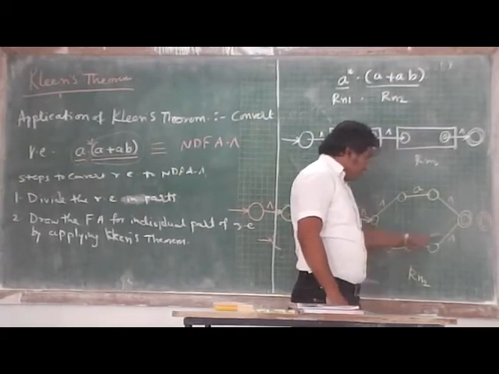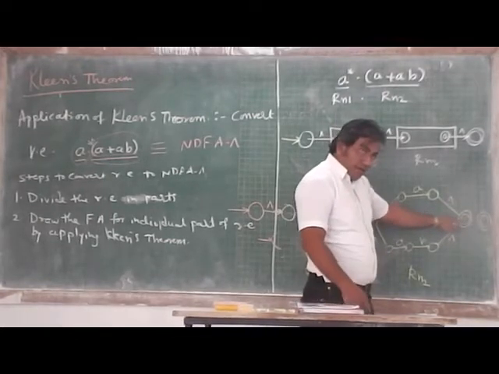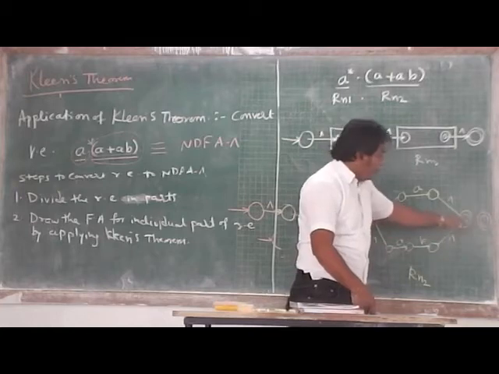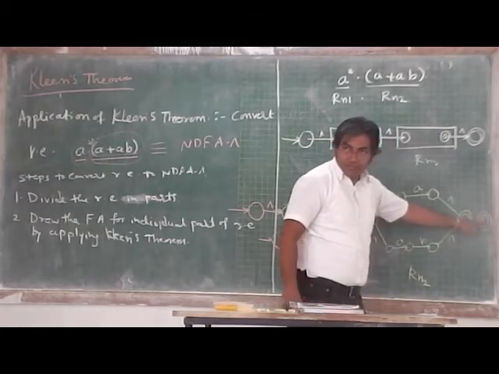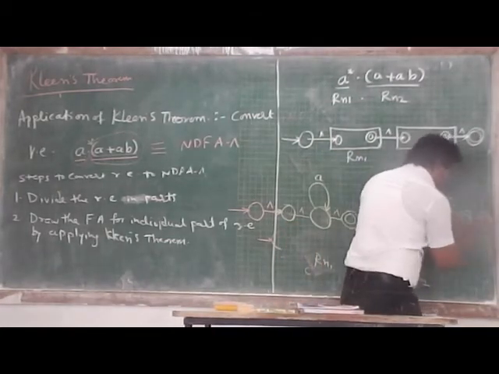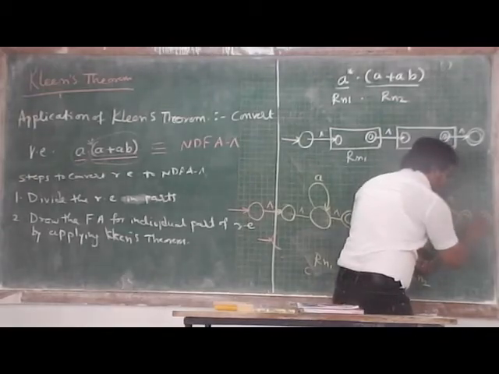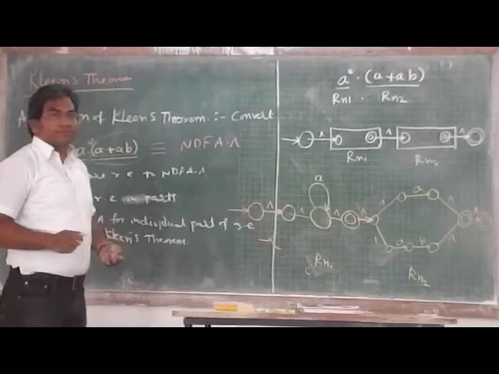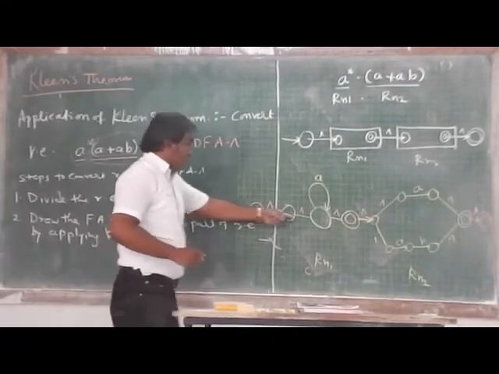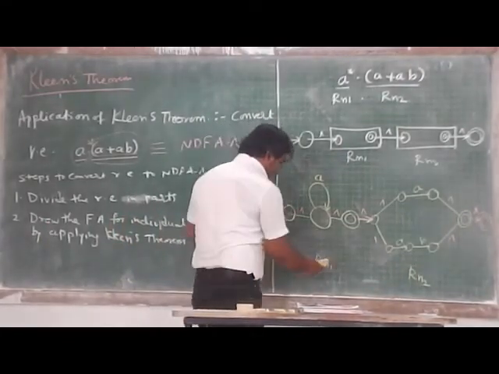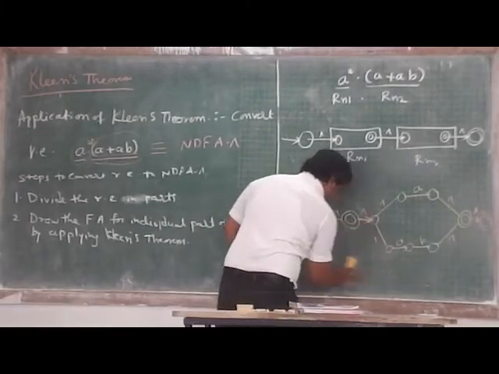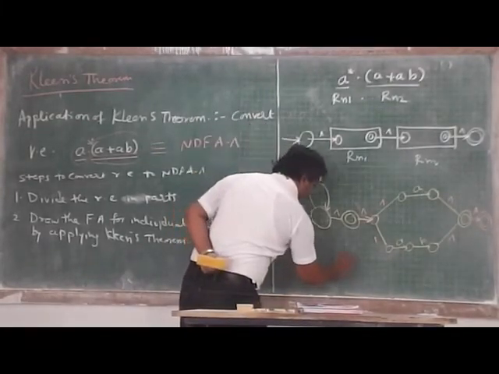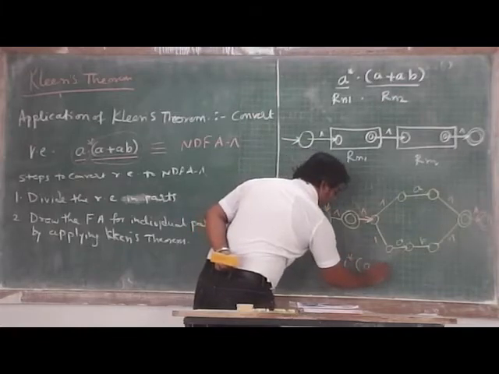Connect the final state of Rn2 with the newly introduced final state by null. So this total finite automata, this is the automata for what? For the regular expression A star A plus AB.